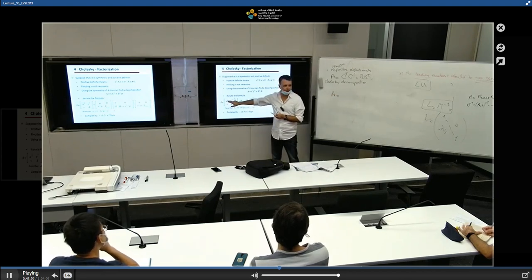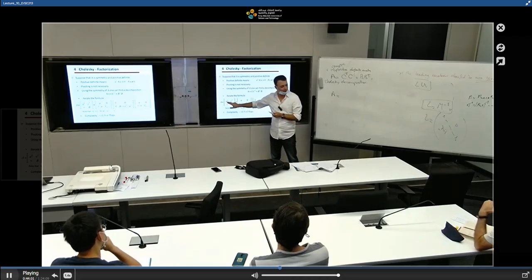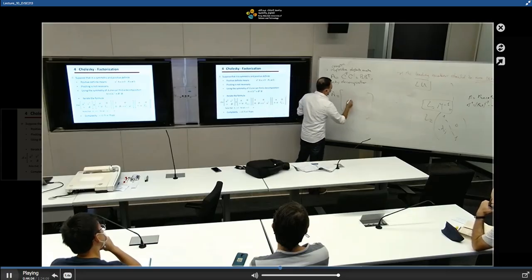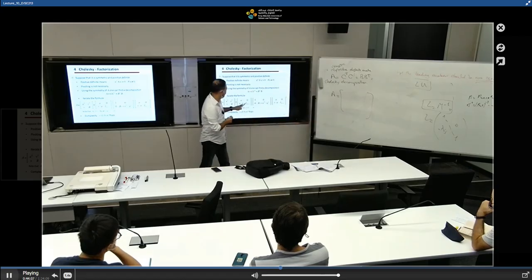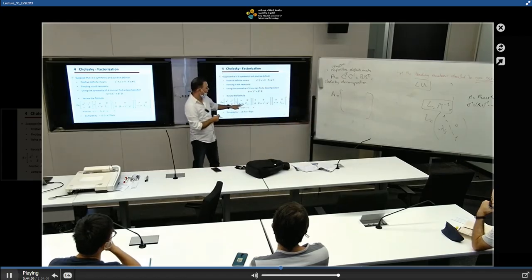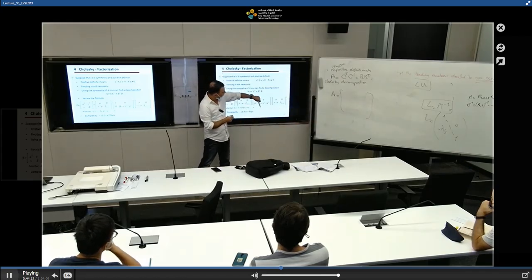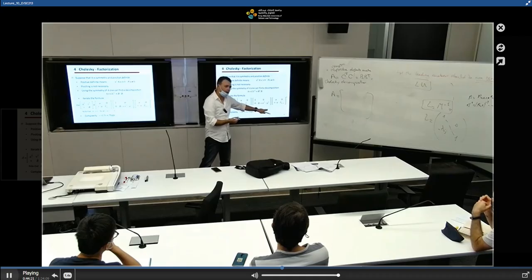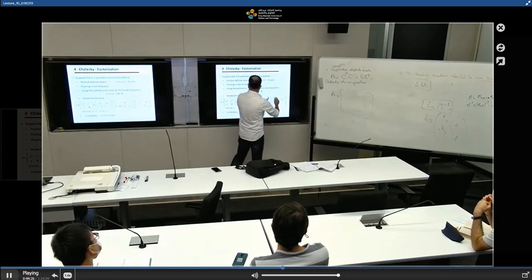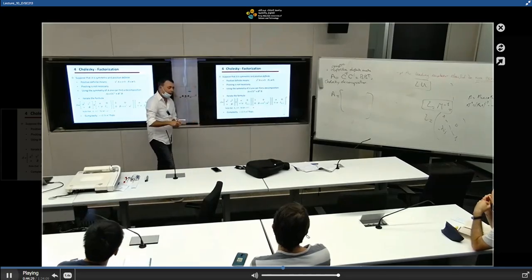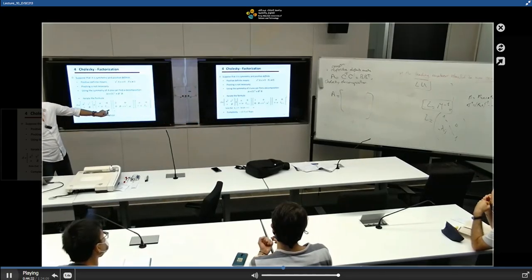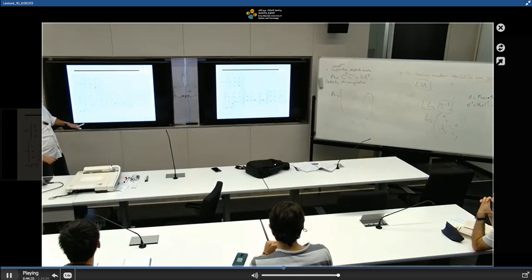These are positive because A is symmetric positive definite. I can take the square root of this first element, and I split it this way. Basically I made the first element here 1. Then I take this one and do the same and make it 1, 0. At the end I will get identity here, a lower triangular matrix, and an upper triangular matrix. So the algorithm is straightforward.